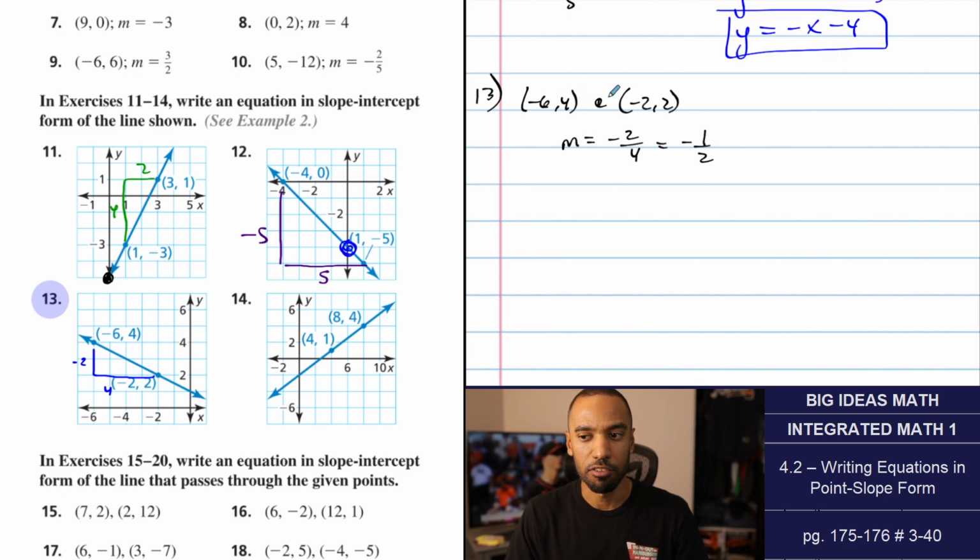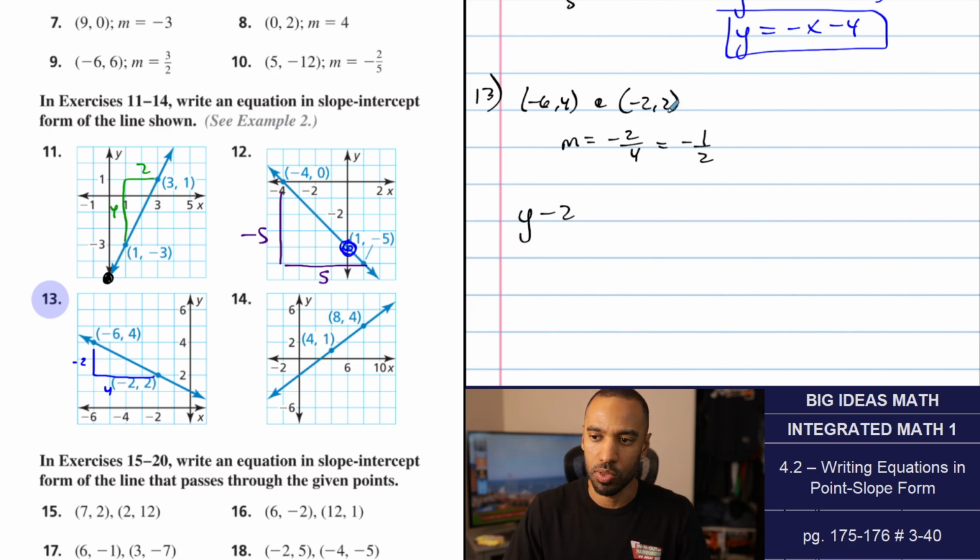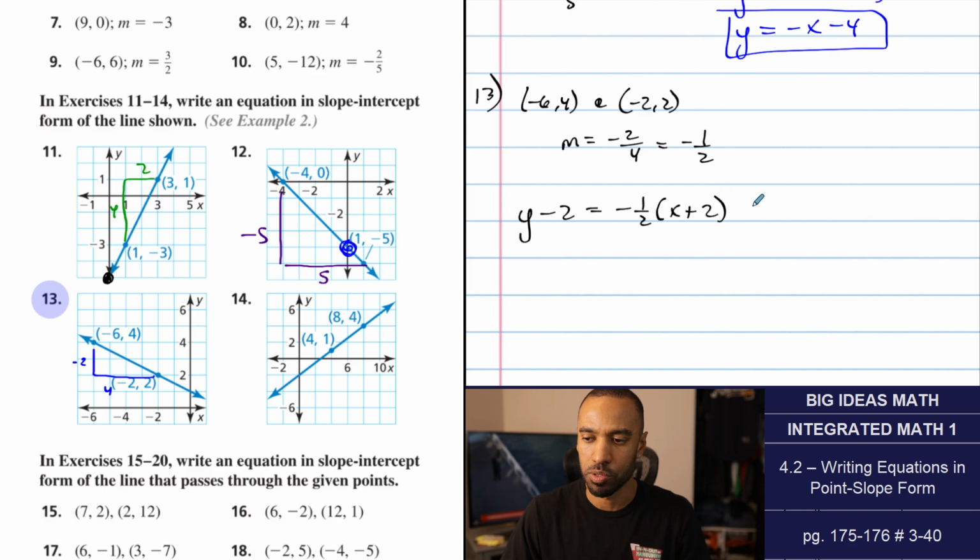Let's choose either set of points to solve this. This time I'll just choose these points over here, the -2, 2, okay? This gives us an equation, we're doing point slope form, y minus 2, that's our y1, equals m, -1/2 times x minus x1, x minus -2 is x plus 2.